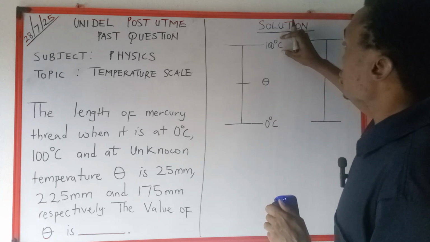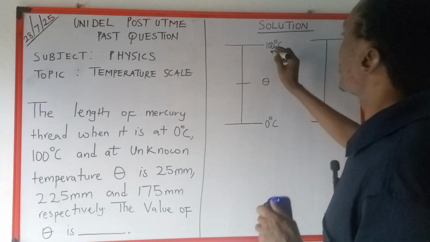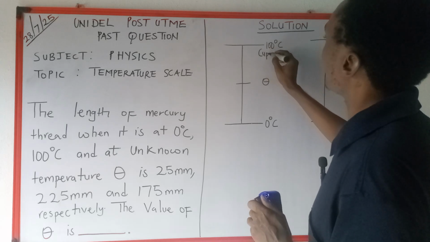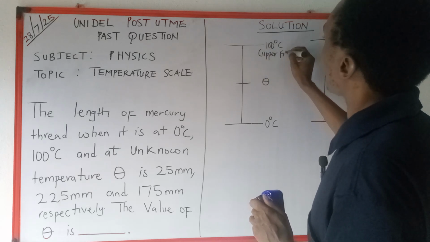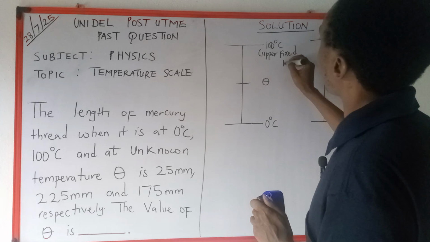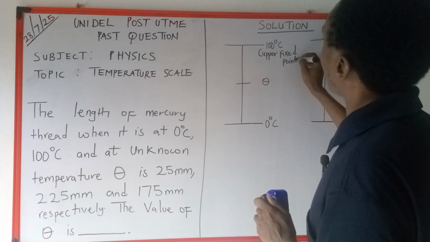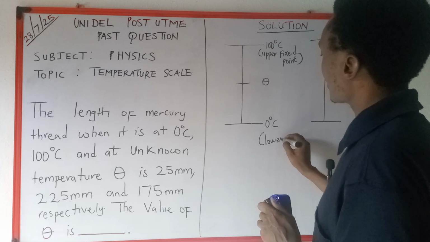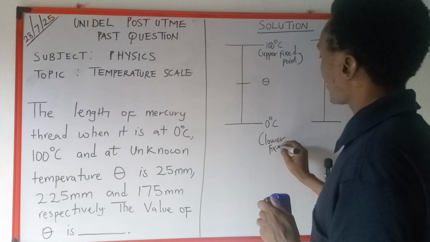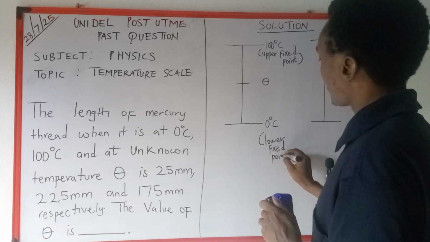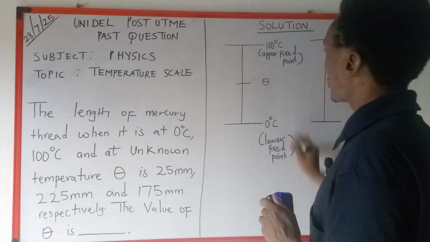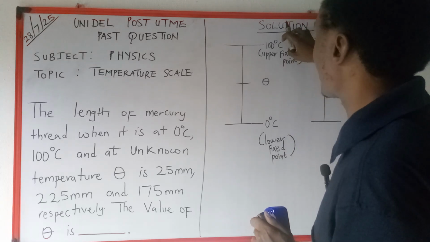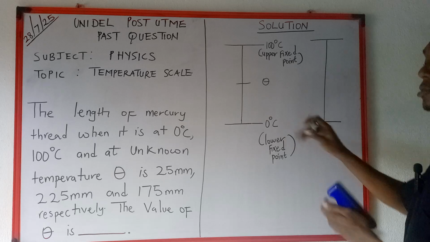This 100 degrees Celsius here is what we call the upper fixed point, while this side is what we call the lower fixed point. Please take notes. Upper fixed point is 100 degrees Celsius. Lower fixed point is 0 degrees Celsius.